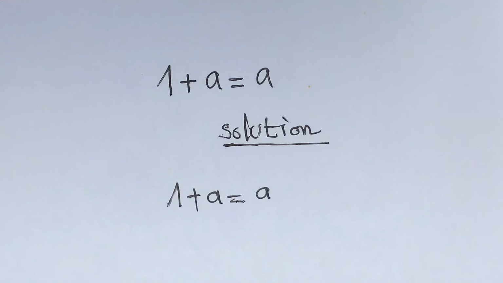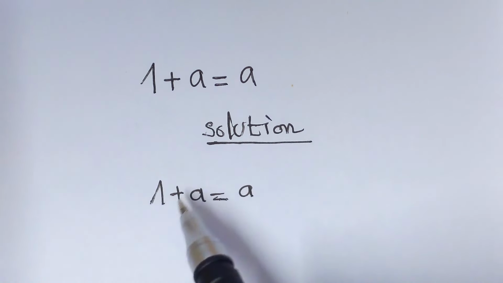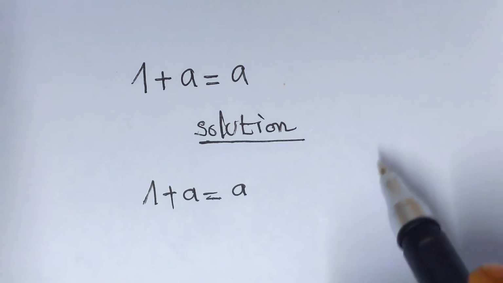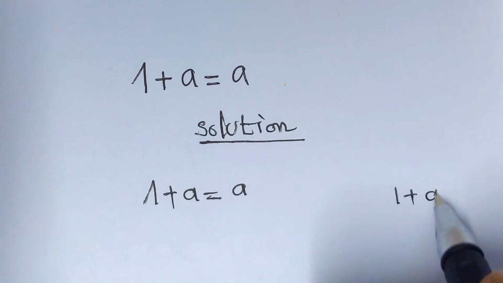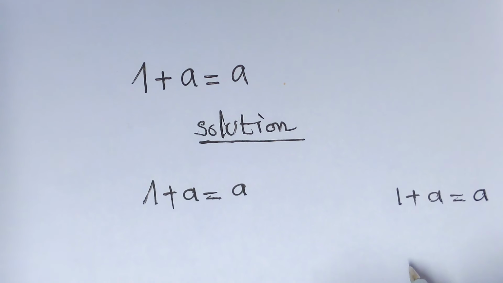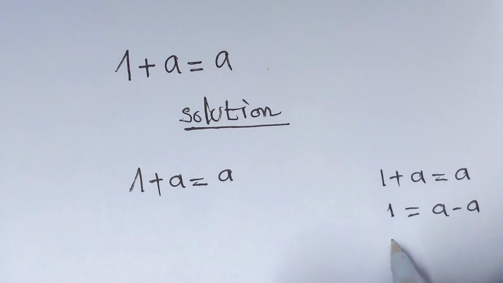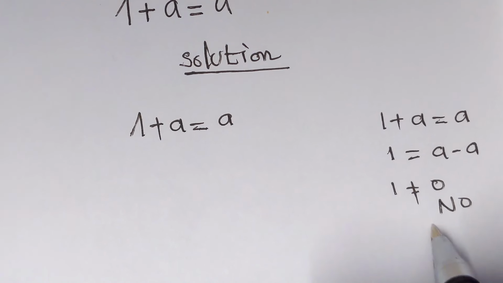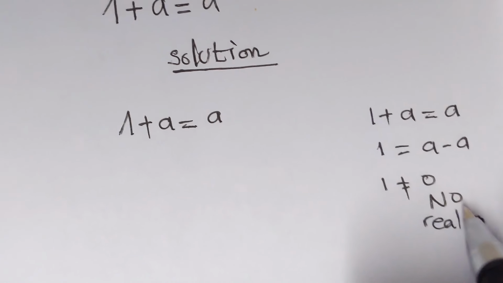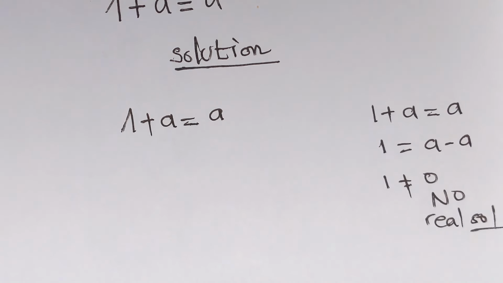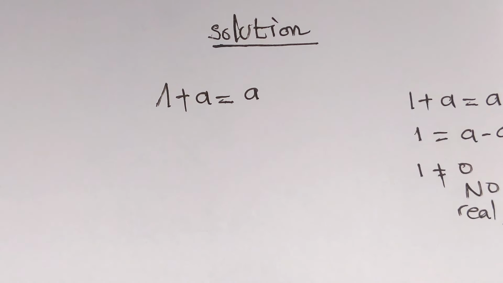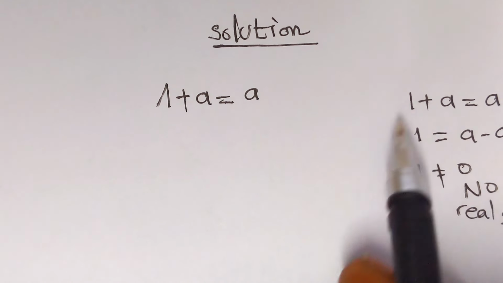And we know that when we have this, we can simply write 1 plus a equals to a as 1 equals to a minus a, and simply write 1 equals to 0, which provides no real solution. But we are going to try to find another way to solve this question.